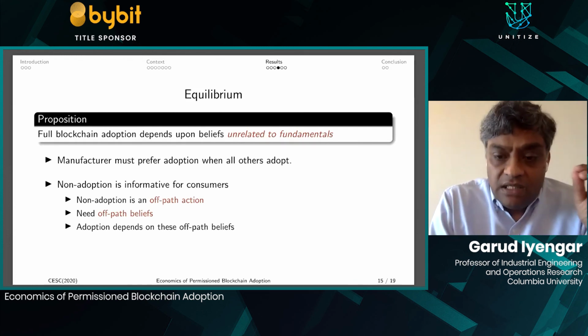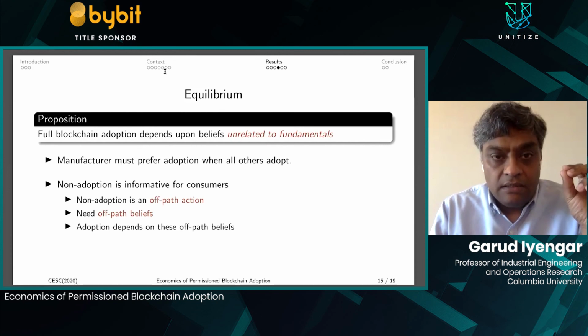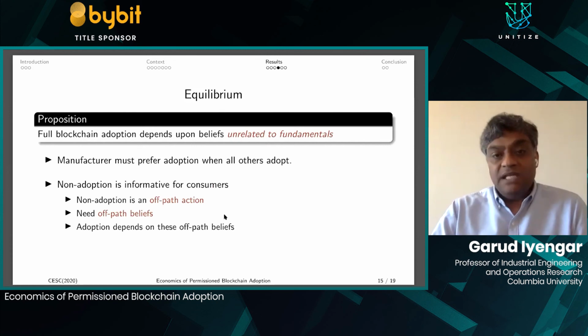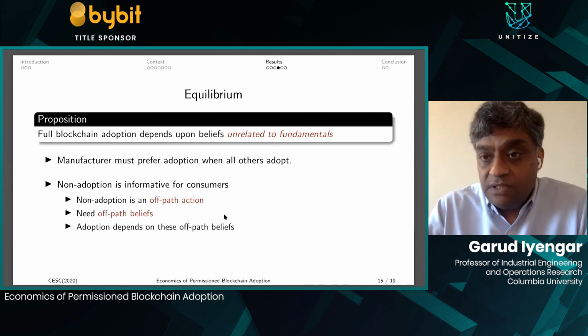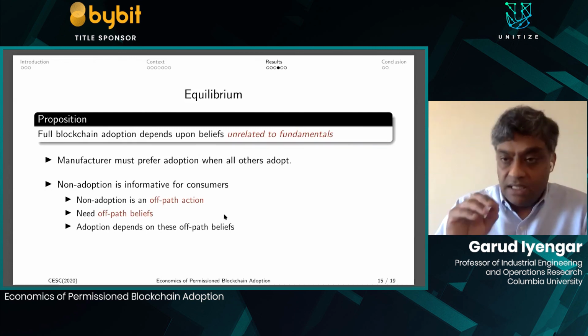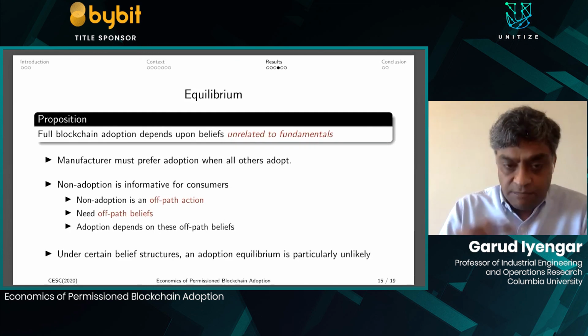In order to understand the impact of this off-path action, you need to think in terms of off-path beliefs. And the adoption decision actually does depend on these off-path beliefs. We'll not get into the details of it in this talk, but in the paper, it's all spelled out.